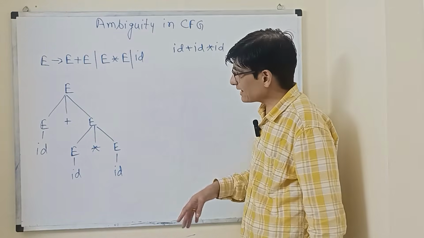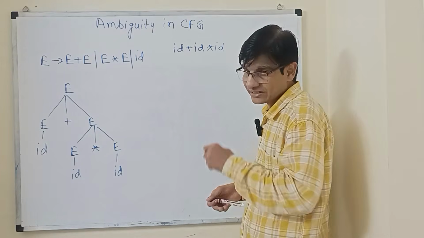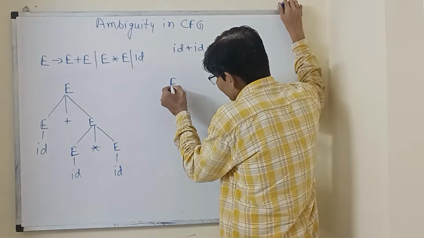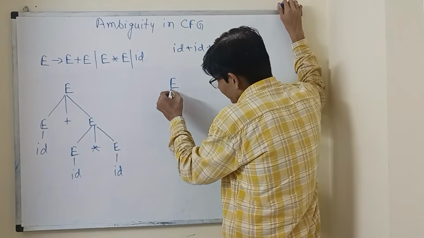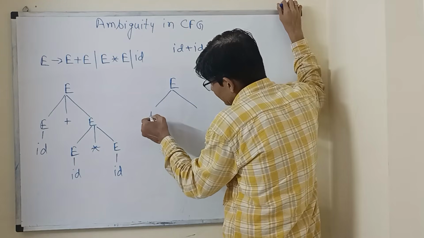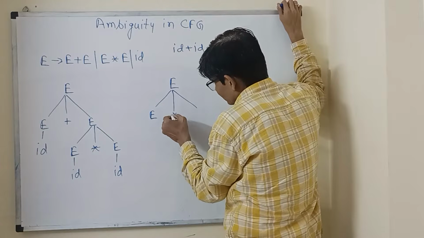Now I can create one more parse tree for the same string from the same grammar. We can start from E again. Now I can use the production E cross E first.